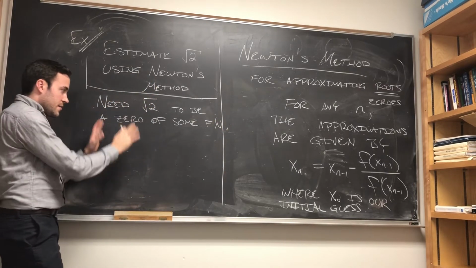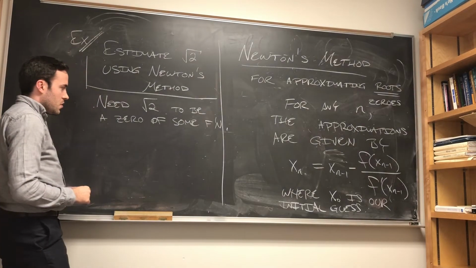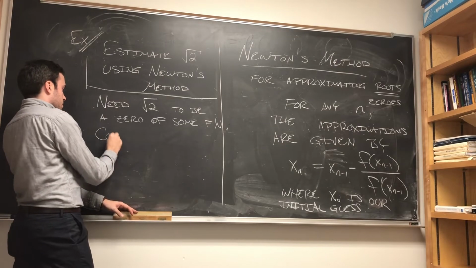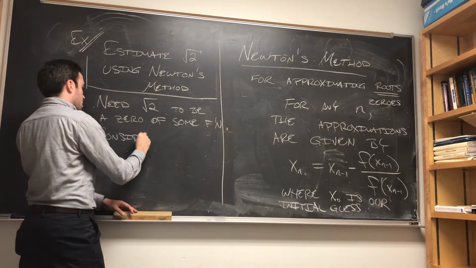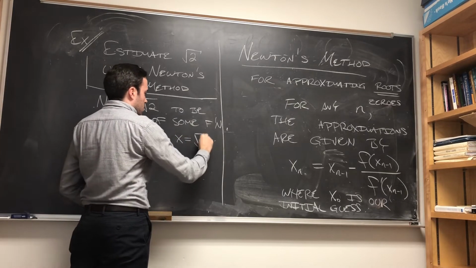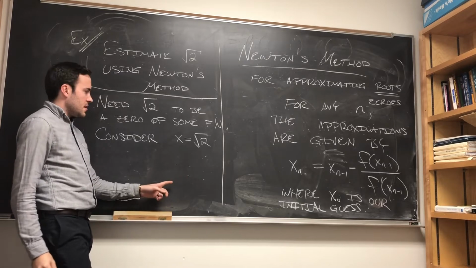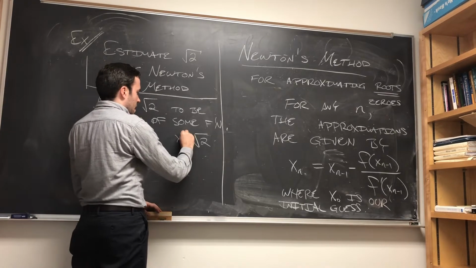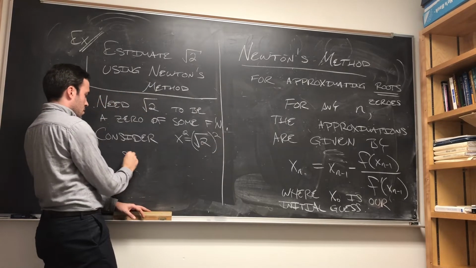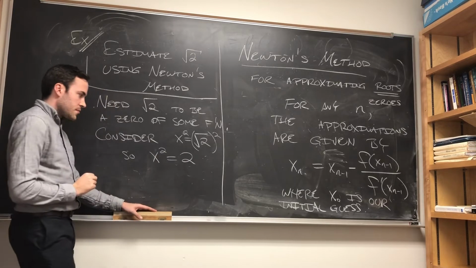And just like in that intermediate value theorem example that I referenced before, what we're going to consider is, if x is the square root of 2, well, let's build up from this and say this means that x squared is the square root of 2 squared, so x squared is equal to 2.